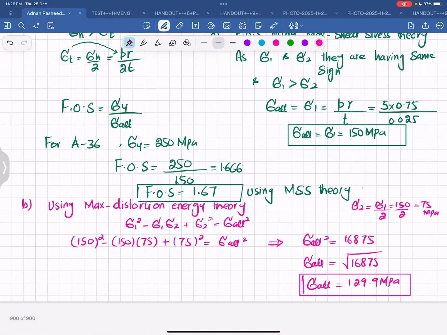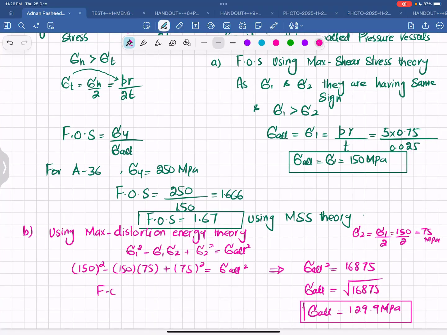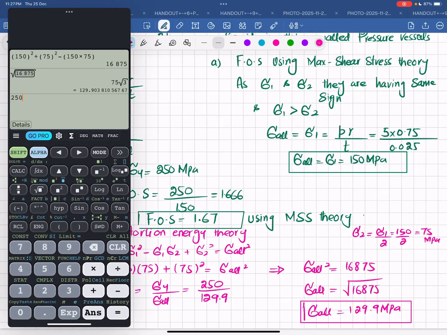Okay, and we will find the factor of safety, which is equal to yield stress divided by allowable stress. Sigma yield is 250 megapascal and allowable is 129.9 megapascal. So 250 divided by 129.9 will give you 1.92.